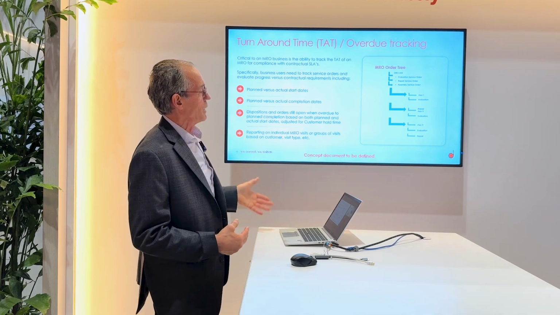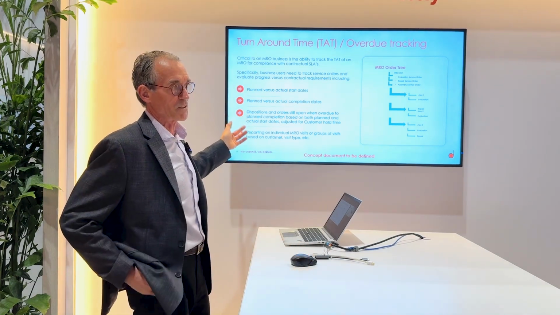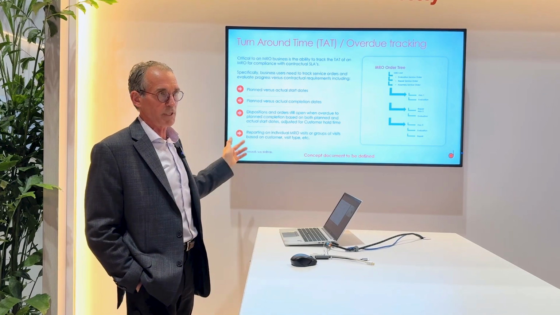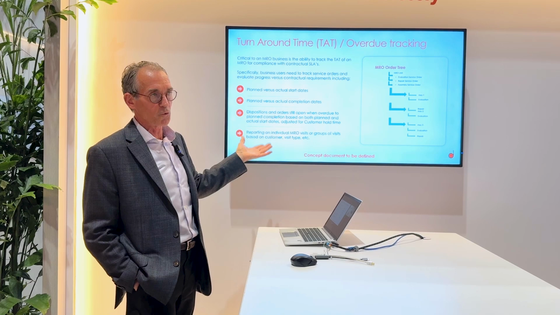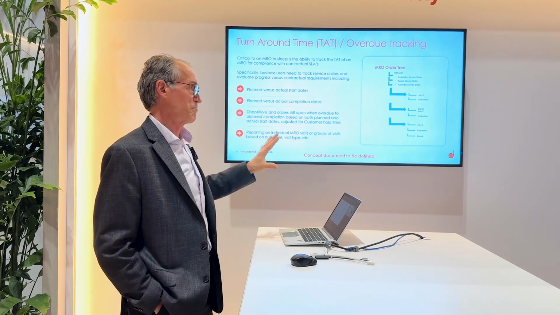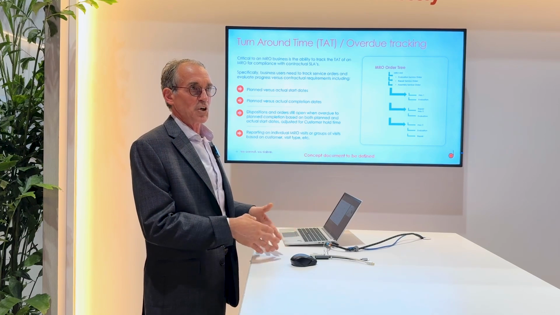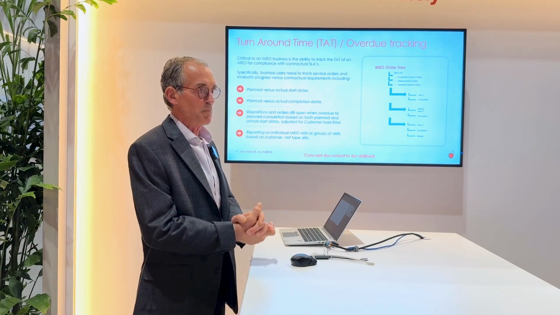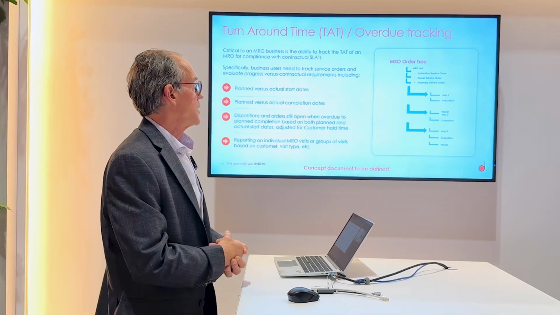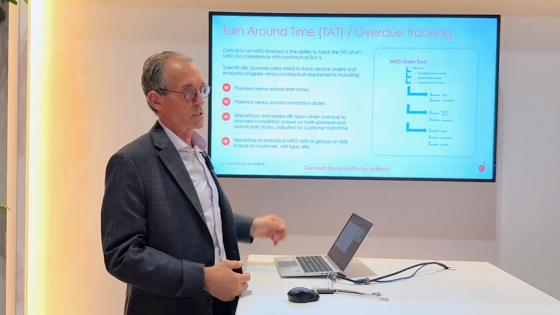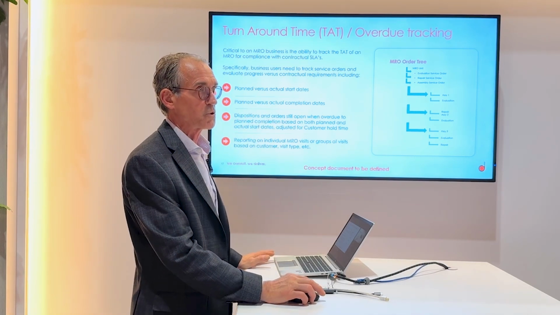I need a way of being able to manage the structure of the visit and to be able to calculate the actual versus planned and subtract out hold time, if you will, while I'm trying to get an answer to a question. And then once I've got that question answered, I can take my maintenance repair off hold and continue to process it. Right? So we do this automatically in the background, and so we have a way of being able to calculate and report on total turnaround time for the visit.